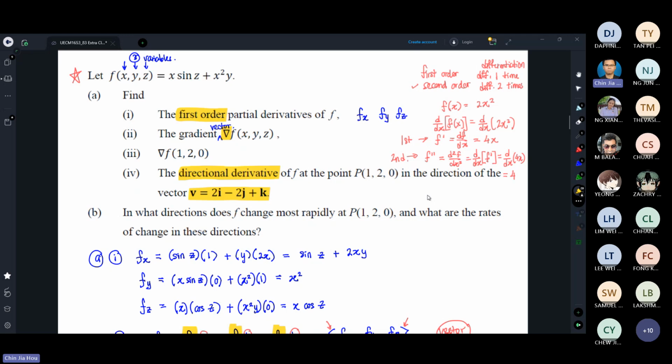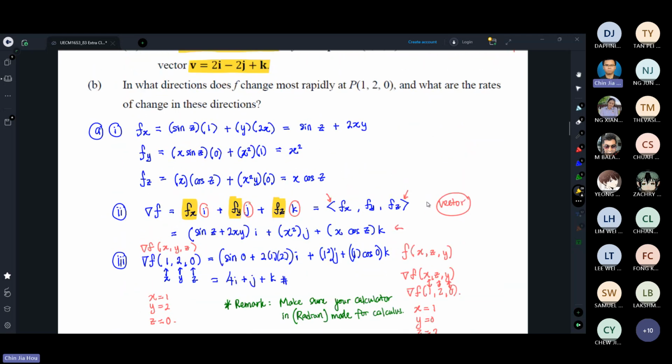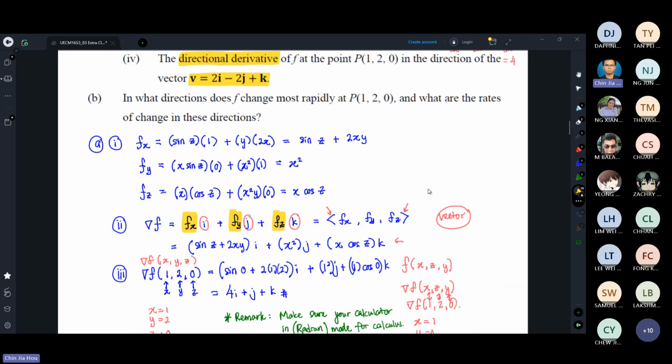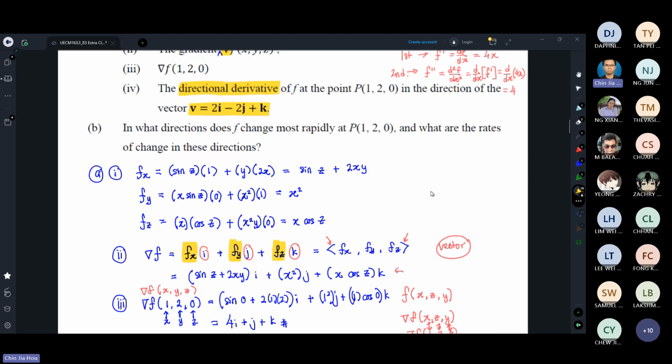Sometimes using the wrong number, but correct steps will help you a little bit in your scores. So getting back here, the vector is given, fortunately. So this is a very straightforward question.